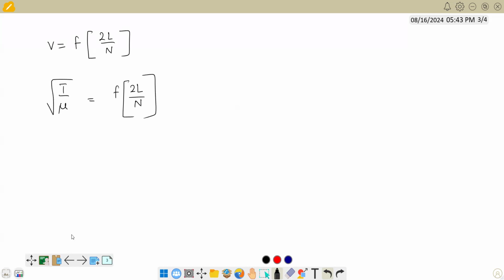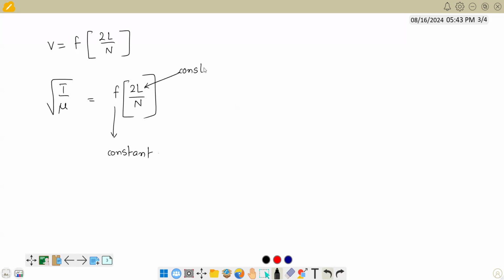Once we got this formula, let us identify what are the constants in this given formula. Let me just check the question. Based on the question, the constants are this frequency, because in both the cases, we are using the same tuning fork. So frequency is constant. And the next one that is constant is length of the rope.